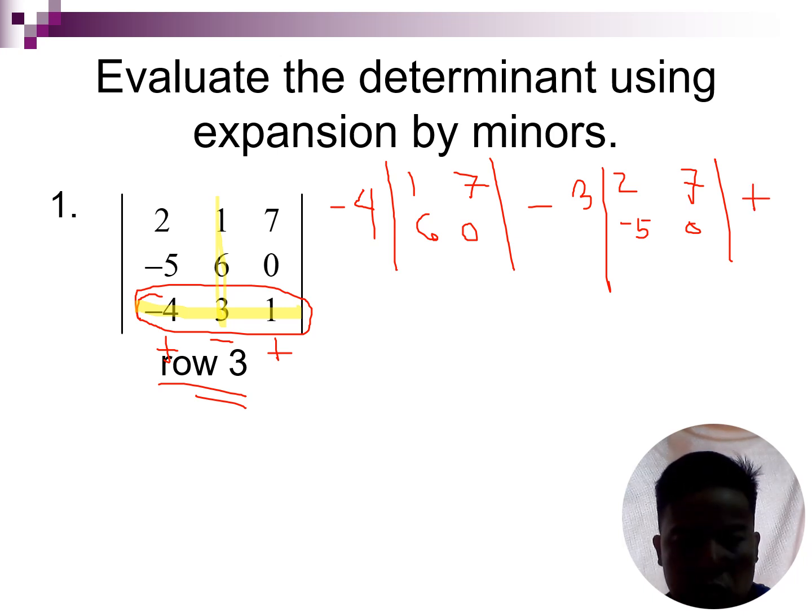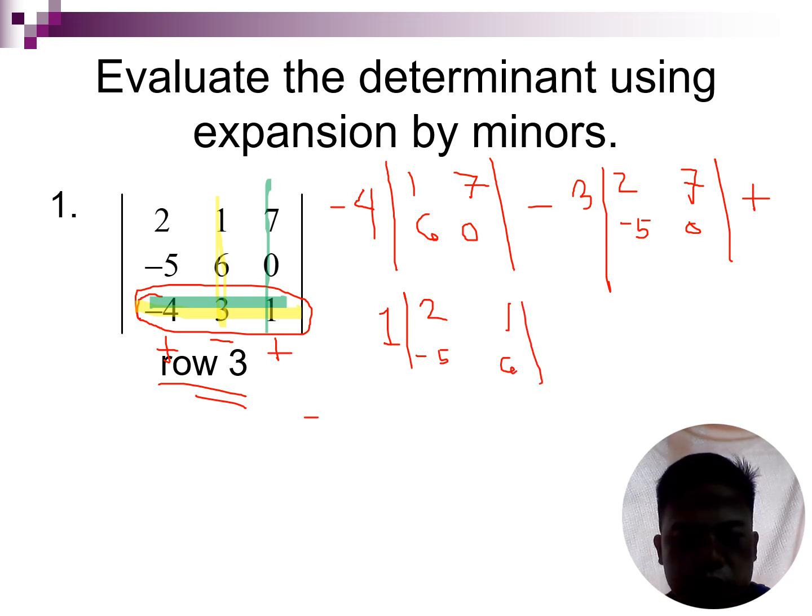Remember the signs: plus, minus, plus. So we have positive 1. We are going to highlight the third row and the third column, so what's left there would be our matrix: 2, 1, negative 5, and 6.